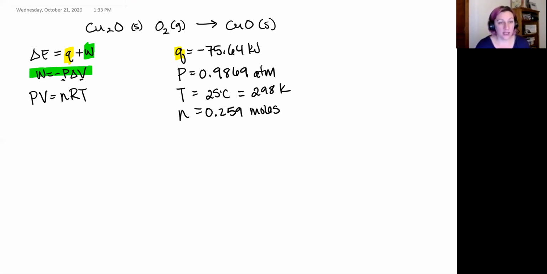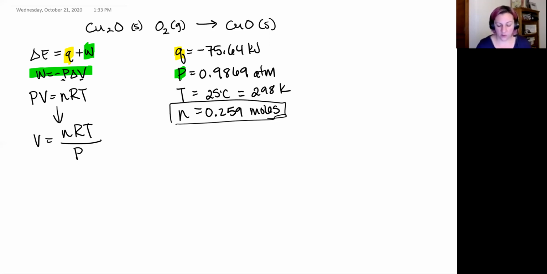We already have our pressure, but what we need is our volume. And so rearranging the ideal gas law, our volume will be equal to the number of moles times the ideal gas constant times temperature divided by pressure.